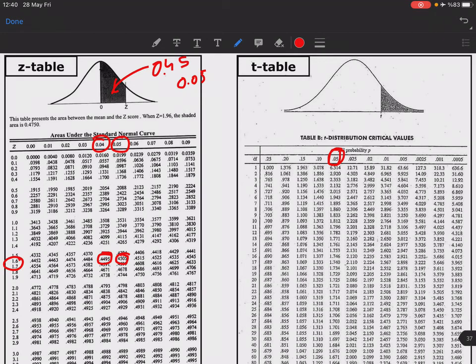You just calculate n minus 1. If you have 20 samples, you will look for 19 here, and you will find your rejection threshold here, I think this one. Yes, this is how we will use the t-table instead of the z-table. That's it.